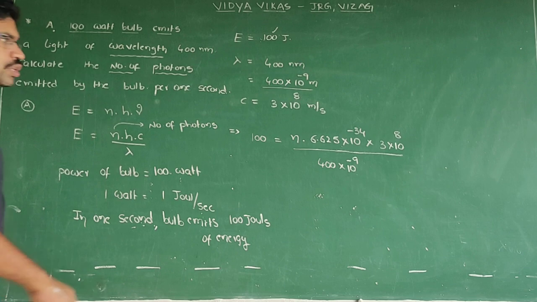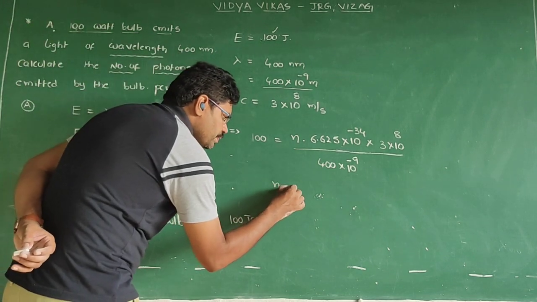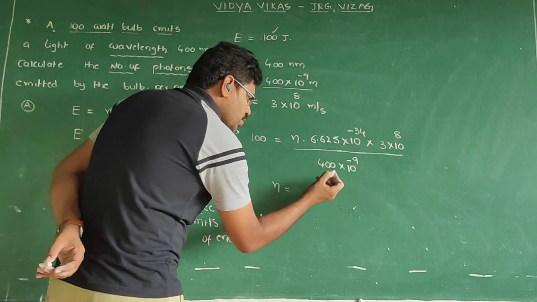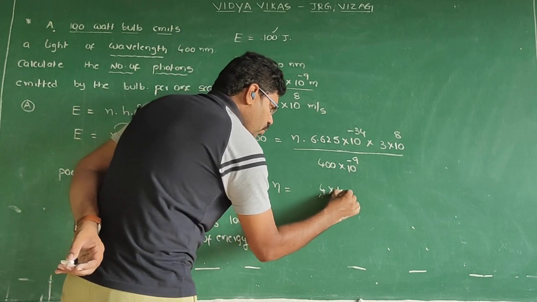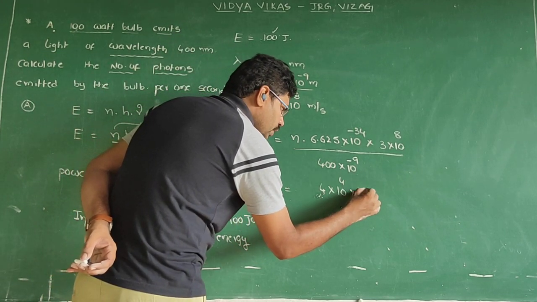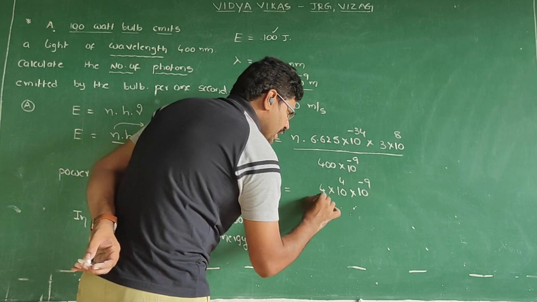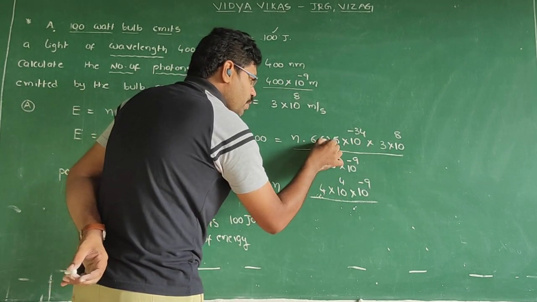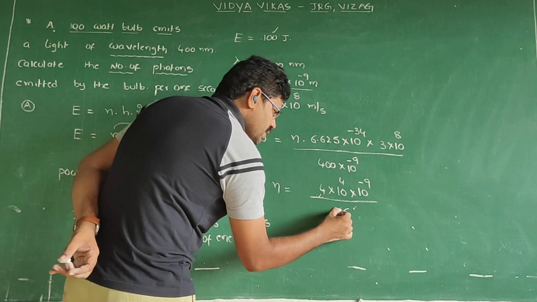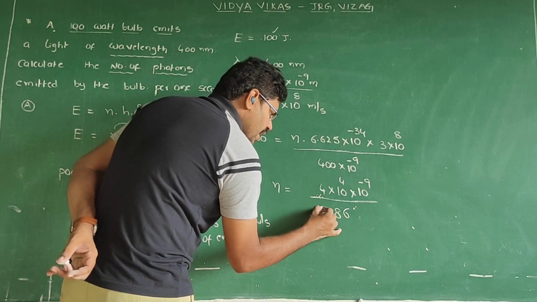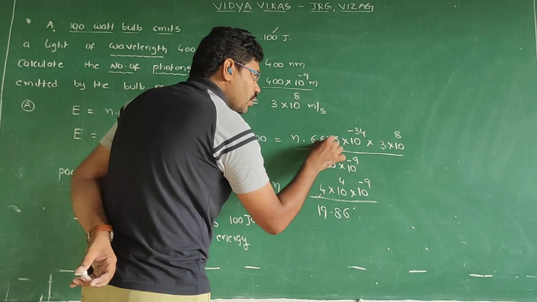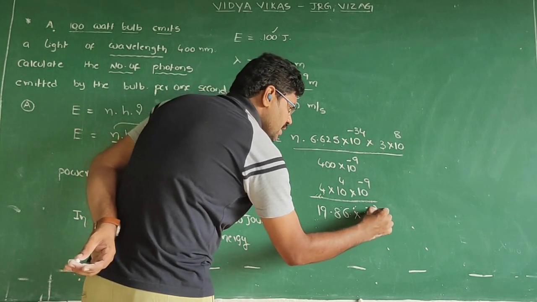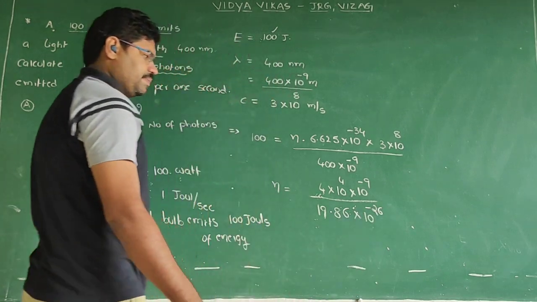Is it clear? So if you solve this, take the 400 to the side: 4 into 10 power 2, so 4 into 10 power minus 7, by 6.62 multiplied by 3, 19.86 into 10 power minus 26.